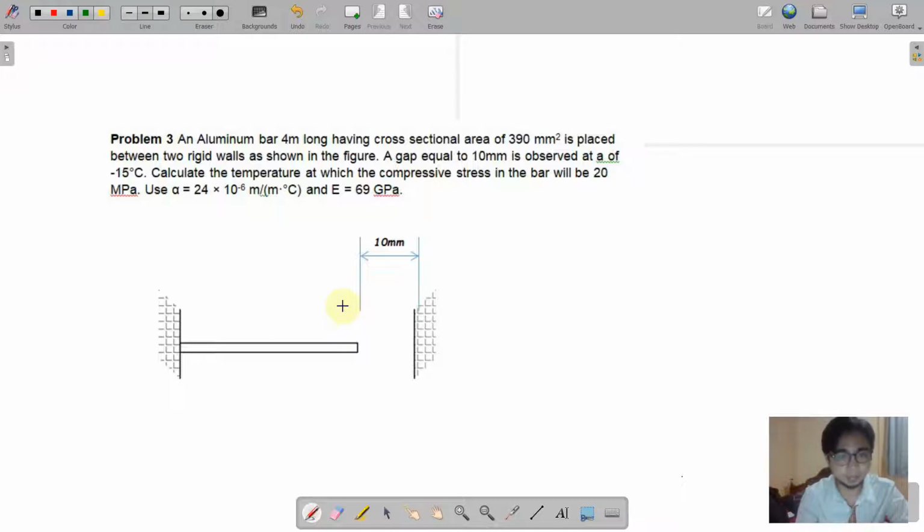In this case, if this bar would be allowed to stretch due to temperature, we would have to increase the temperature.